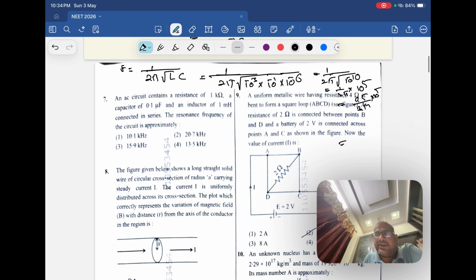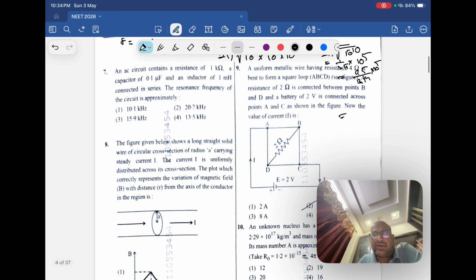If you simplify further, how much will we get? Approximately, 3 ones are 3, 3 sixes are 18, something, and then 10 power 5. So you can simply say 16 kilohertz approximately. That is equal to option 3, it will match, okay. Kilohertz, 10 power 5 into 10 power 2 in 10 power 3, the decimal gets cancelled and you will get it, okay.